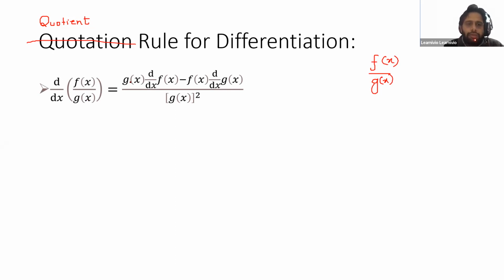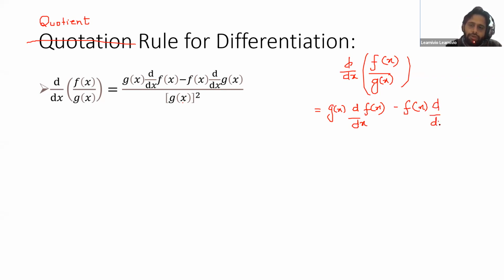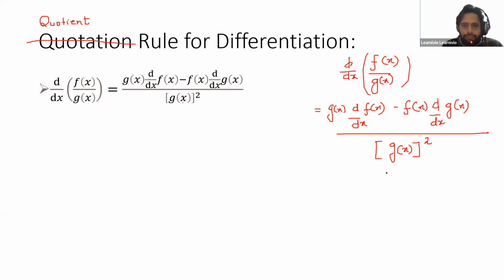We will write the denominator as it is, differentiate the numerator, minus the numerator as it is, differentiate the denominator, all divided by the denominator square. If we have two functions like this, we write the denominator as it is, differentiate the numerator, minus numerator as it is, differentiate the denominator, by denominator square. Is this clear, Krishna? Yes, sir.